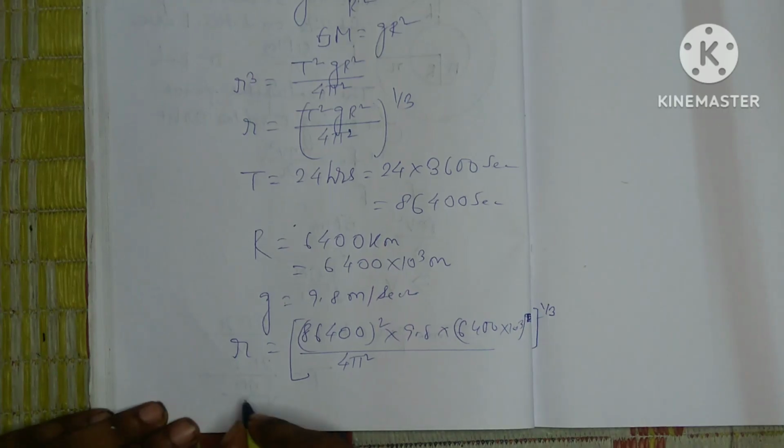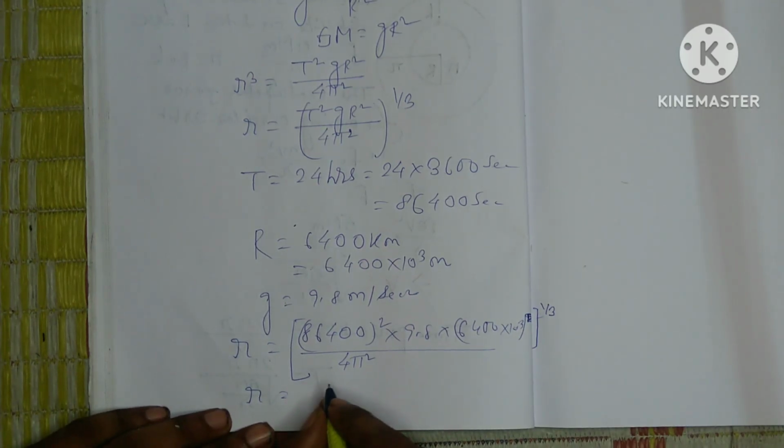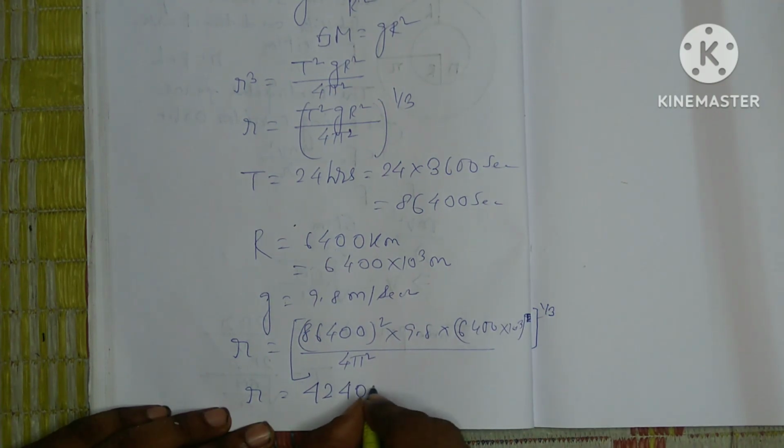So this is the value of r, that is 42400 km.